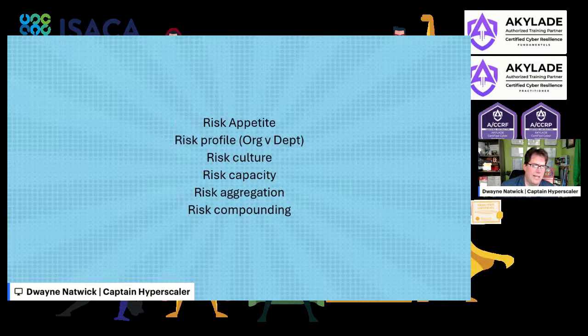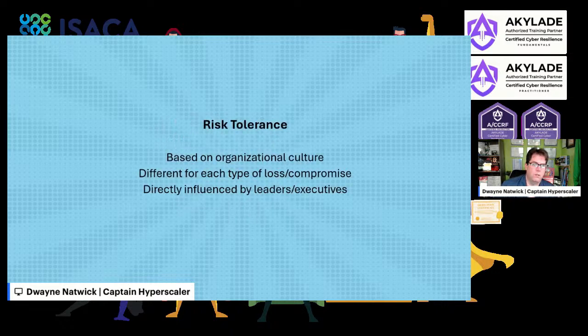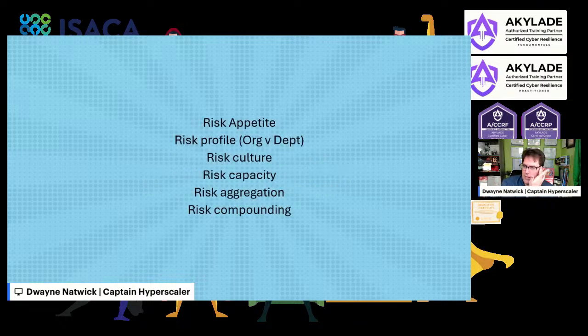Also, what goes into a lot of that is the risk appetite. The risk tolerance is financially what we can handle as an organization as a whole. But the leaders and executives might have a different risk appetite. Their risk appetite may be a lower threshold than the risk tolerance of the organization.